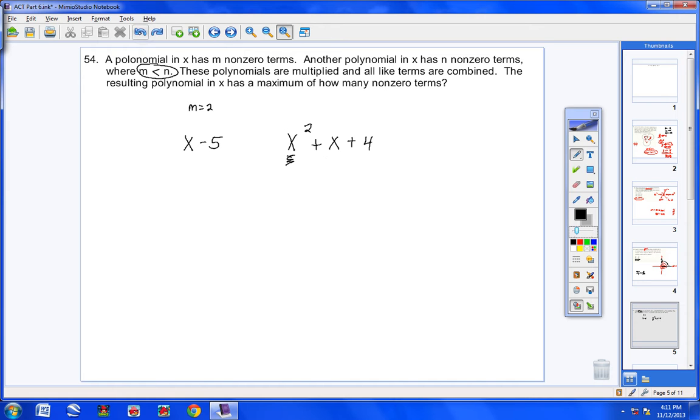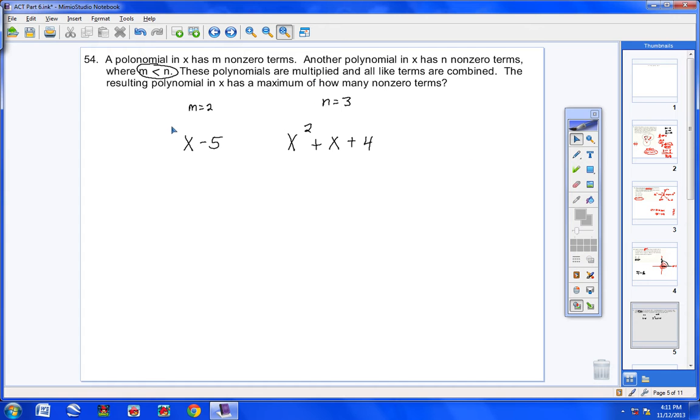So there I have a polynomial expression with n non-zero terms. And how many non-zero terms do I have? 3. So n equals 3. I'm just making these up, and that works because m has to be less than n, and notice m is 2 and n is 3, so 2 is less than 3. So we're good.